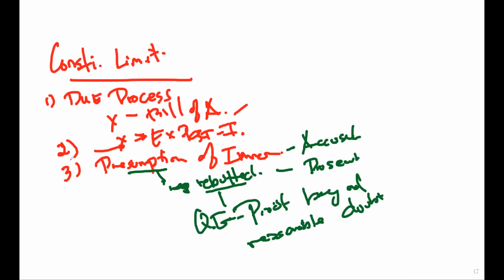So this is just a presumption. Presumption yan, which can be destroyed. So the goal of the prosecution is to rebut that presumption by presenting proof by quantum of evidence of proof beyond reasonable doubt. So pagka na-destroy na yung presumption na yan, then he's guilty.